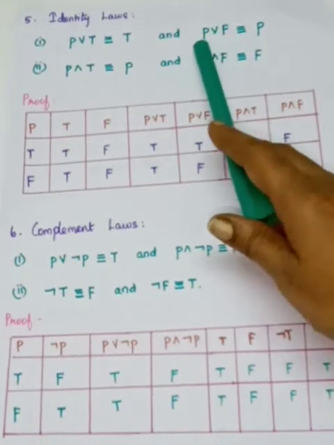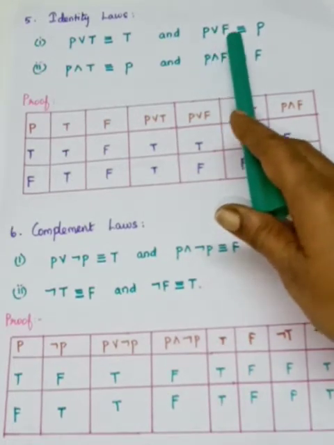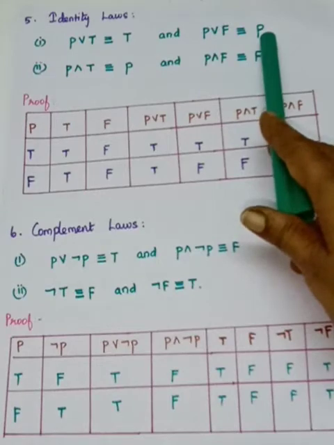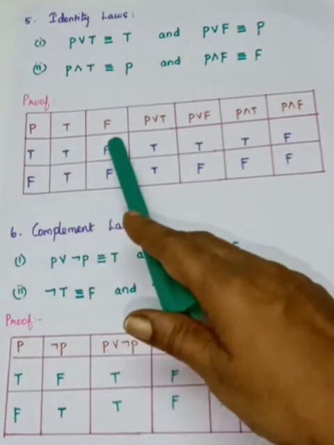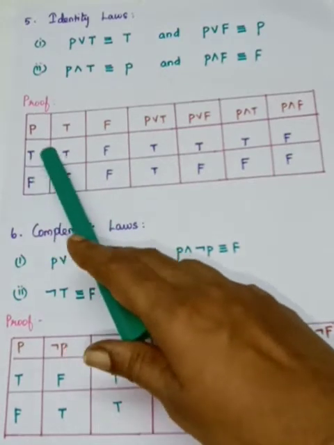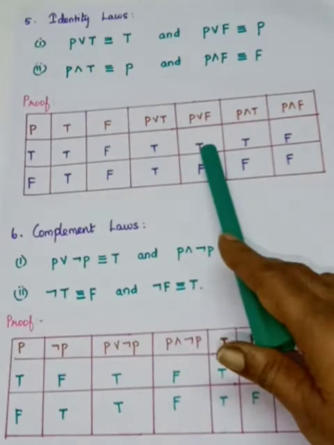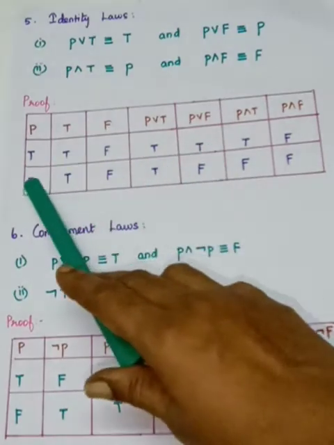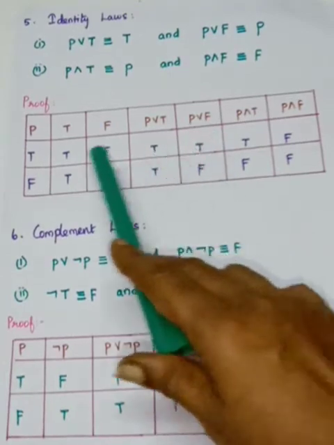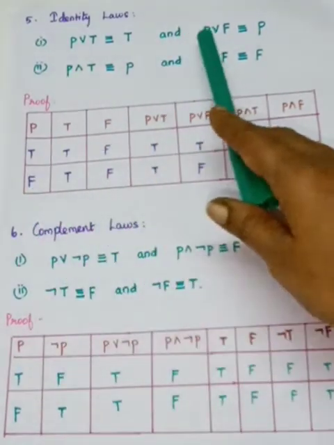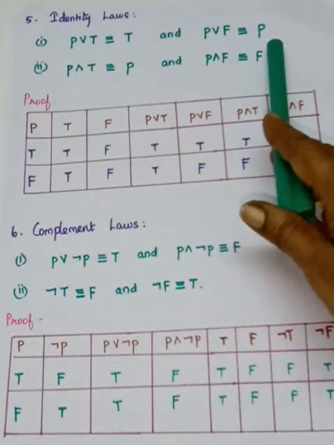Therefore it depends on P. So P or F is identically equal to P. You look at this P or F column: first P is true and here it is false, so it is true. Here both are false, so it is false. So this is equivalent to the P column. Therefore P or F is logically equivalent to P.